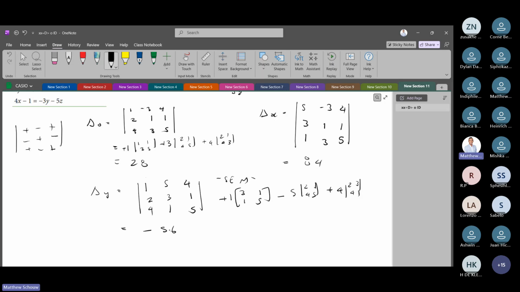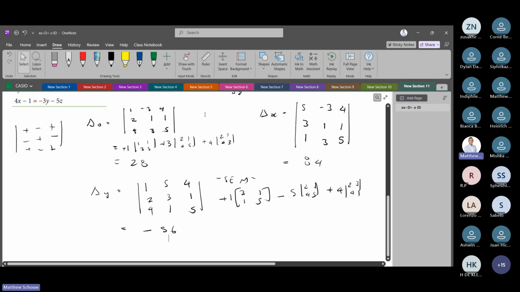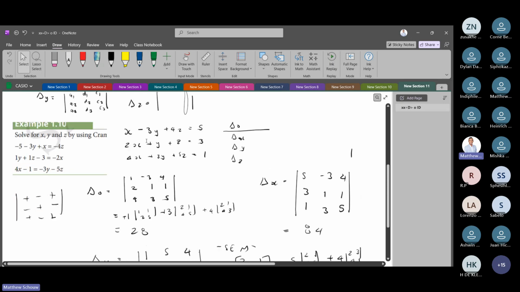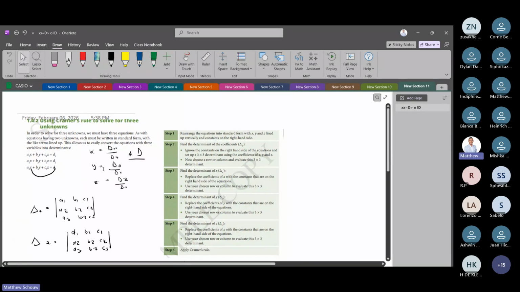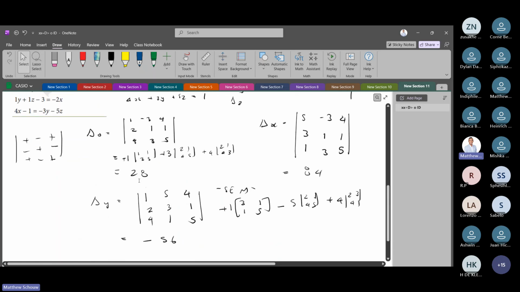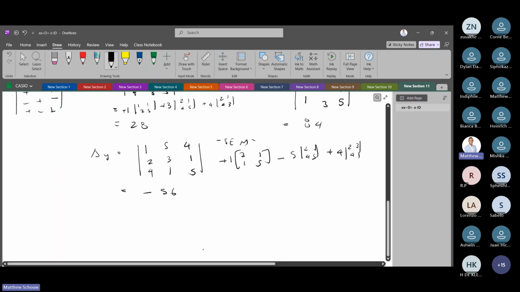Okay. With that being said, now we're actually going to use our determinants, like I said over here, to find the x and the y. To find the value of x for that equation, I'm just skipping z deliberately, it's delta x divided by that. According to Cramer's rule, y equals delta y divided by delta 0.